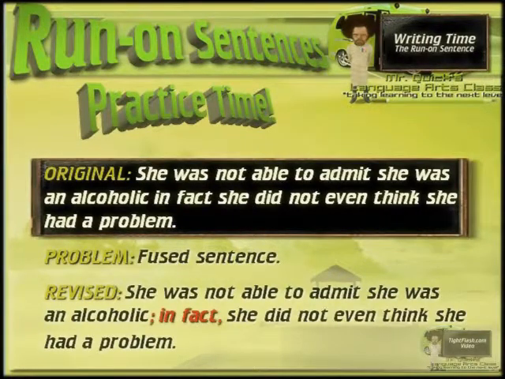So fixing this run-on sentence was a bit easy because we were just using a conjunctive adverb here without any type of punctuation to go with it. Of course, we remember that in order to use a conjunctive adverb, we must use a semicolon in front of it and a comma after it.